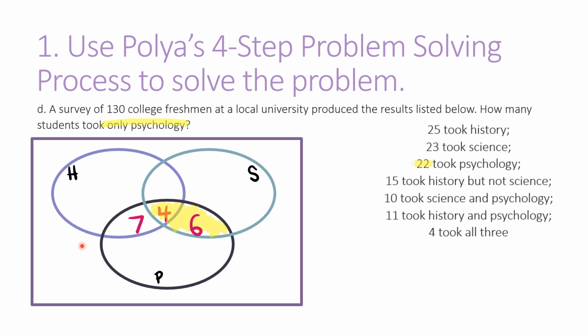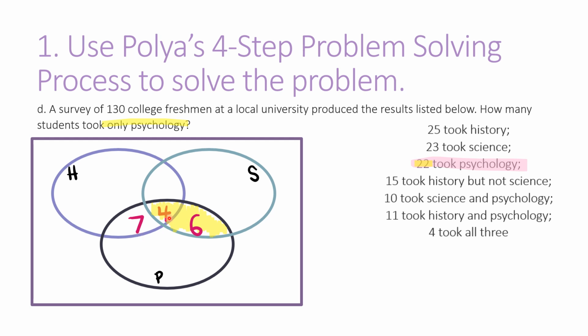All right, so let's take a look at that line. 22 people took psychology. That means everyone in the psychology bubble needs to add to 22. All right, please ignore the highlighted part. Apparently, I forgot to make that go away. All right, so everyone in the psychology bubble, in that black bubble, is supposed to add to 22.